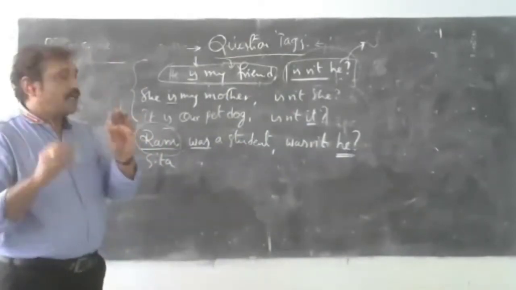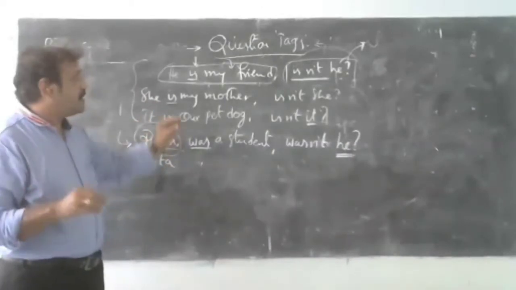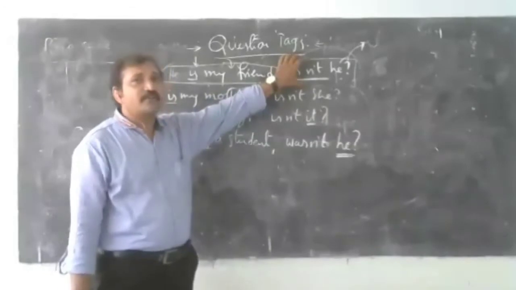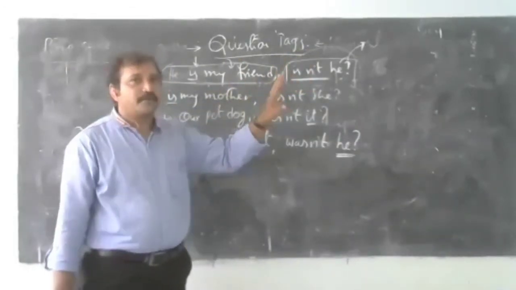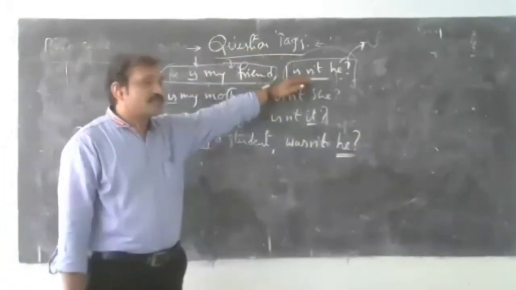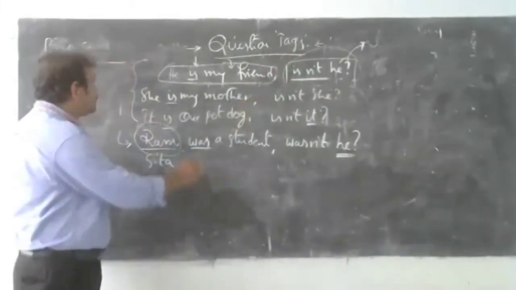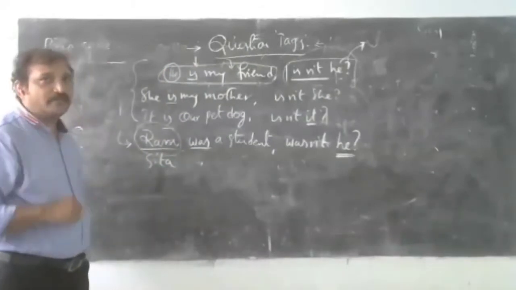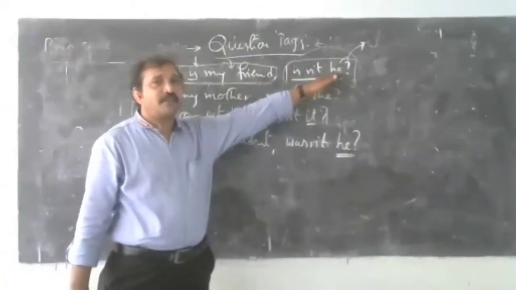So try to understand the small rules behind a question tag exercise. If the statement is positive, its question tag will be negative. That is the primary rule. And if the statement has a pronoun, at the end of the question tag the subject will be the same.